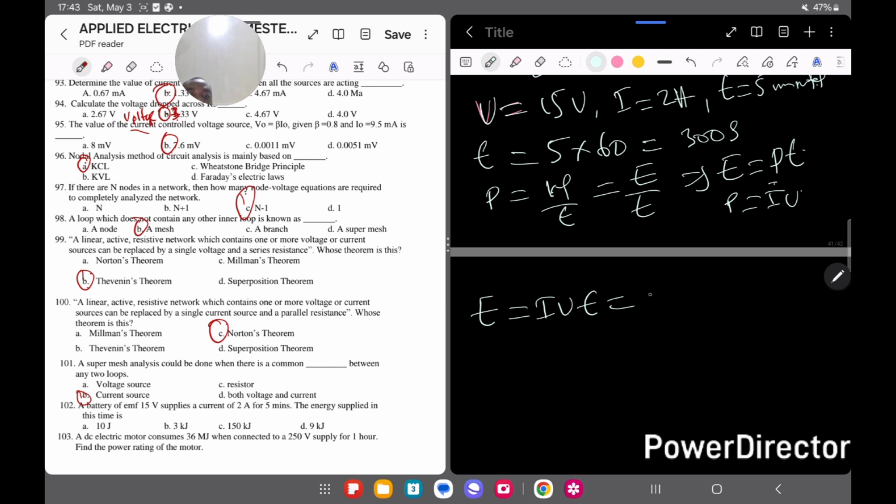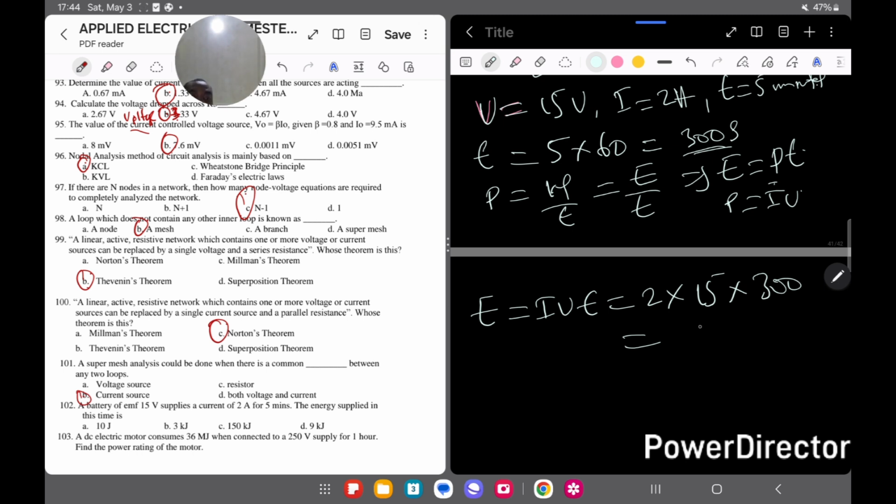So you just replace this, we get the current, which is 2, times the voltage, which is 15, then times the time here, which is 300. So you just multiply all these together.